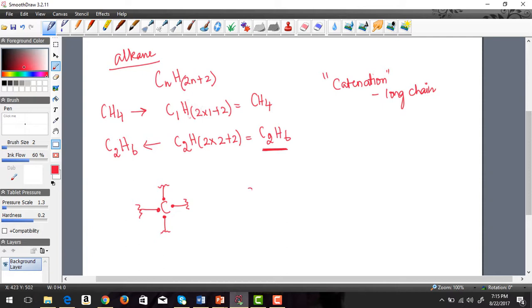So we got two carbons. Carbon can be connected to another carbon through an oxygen, but we're not there yet. We're only focusing on carbon and hydrogen. If your compound only contains carbon and hydrogen, only a carbon can be connected to another carbon. It cannot be connected through another element to another carbon.